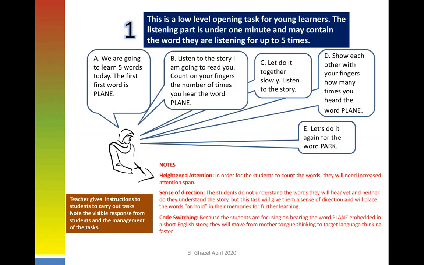Code switching. Well, there is no chance that you can think in your first language because the students are focusing on hearing the word plane embedded in the short English story. So they will move from the mother tongue to thinking in the target language faster. So this is how we make code switching faster.